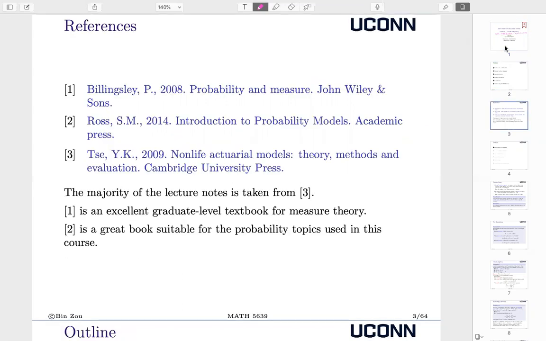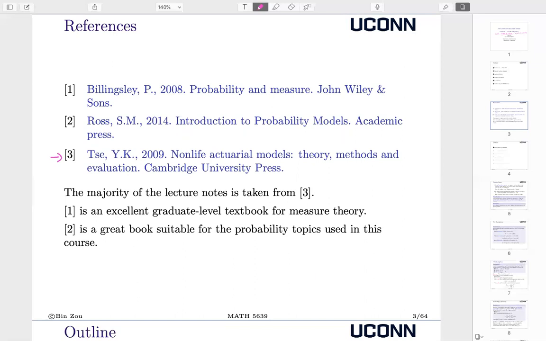So here is a quick slide of references. The third textbook is our required textbook. Most of the slides from here are taken or modified from Cai's textbook. So it's a good idea to read through his book. I would say it's an excellent textbook. The basic mathematics is probability.